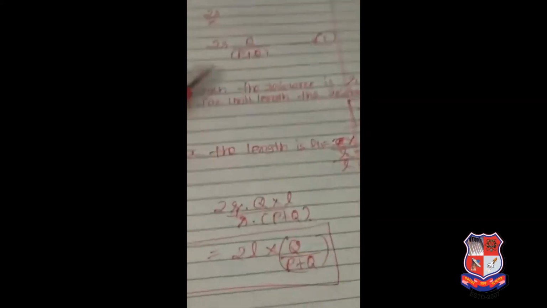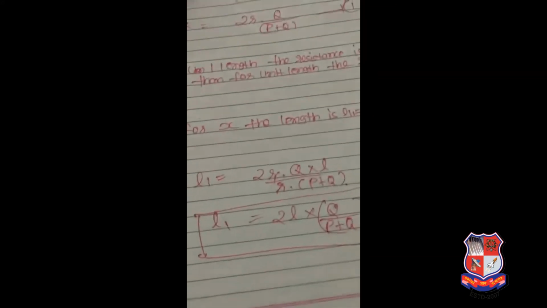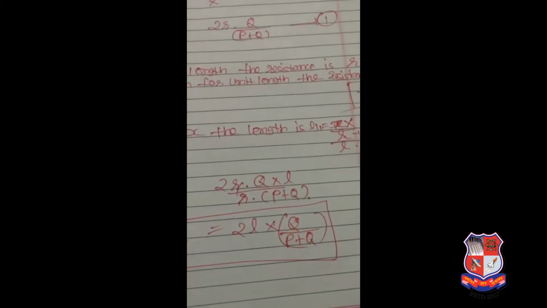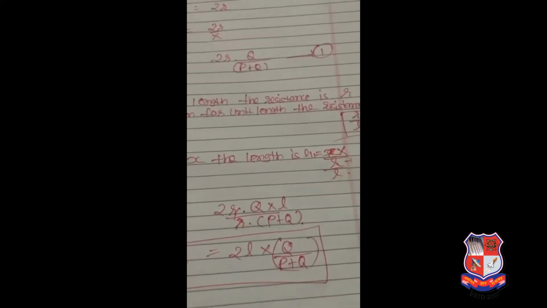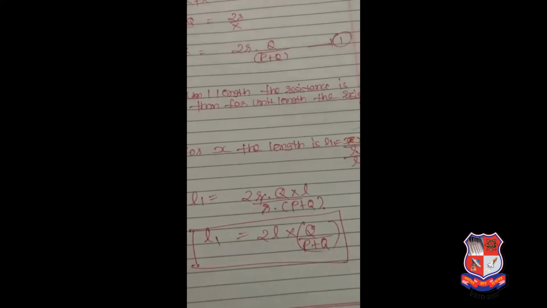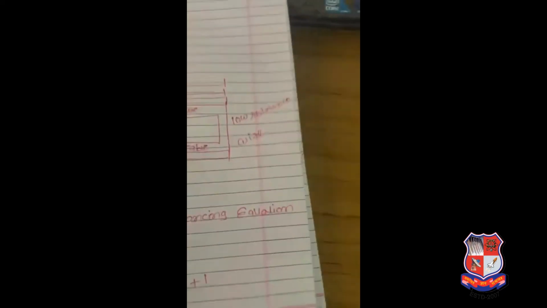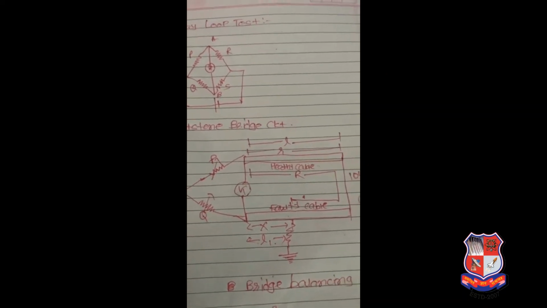So this is the final equation of L1, which is the distance between the test point and the fault point. From this equation we can find the distance of the fault and locate the fault in the underground cable. P and Q are the variable resistances and their values are known.